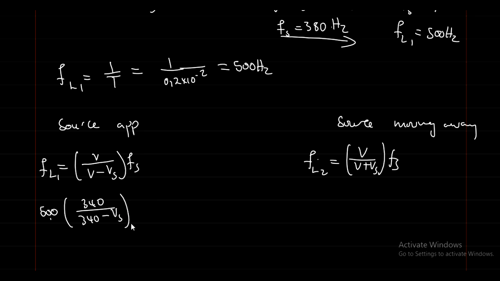We can put Fs as an unknown, or we can put it as 38 as it is. Let's say they didn't give us the value of Fs, so times Fs.